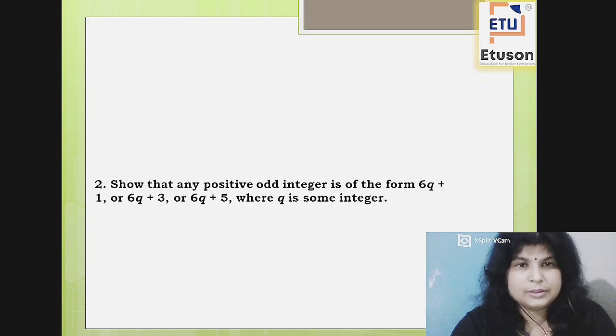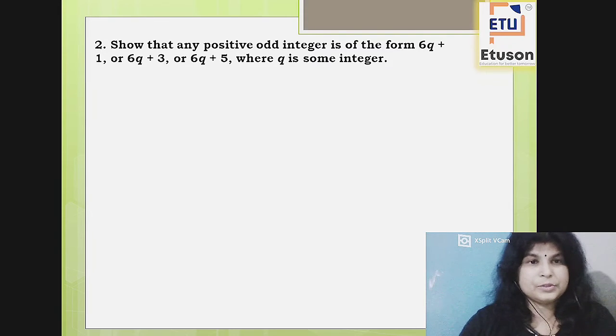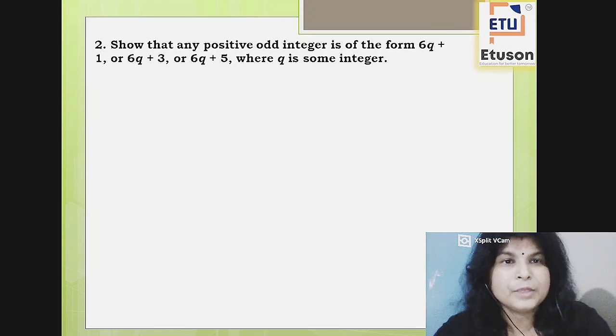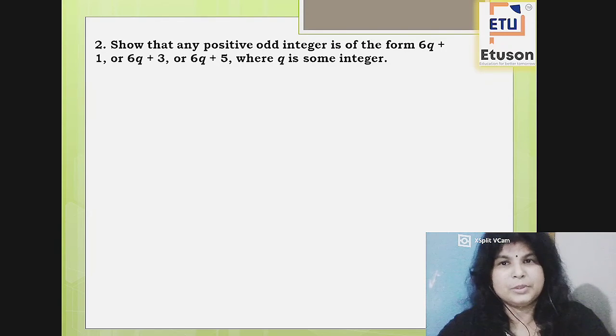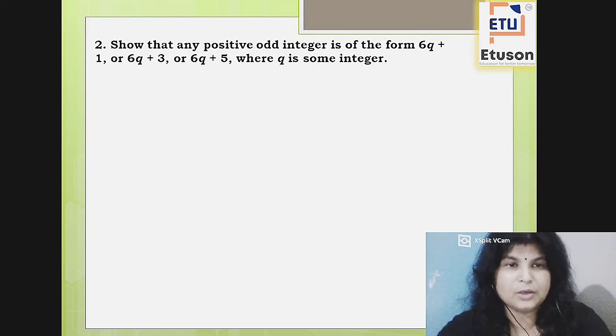Correct. So now let us go to the next problem. So it is similar to the typical problem which we discussed today. That is, so that any positive odd integer is of the form 6q plus 1 or 6q plus 3 or 6q plus 5, where q is some integer.